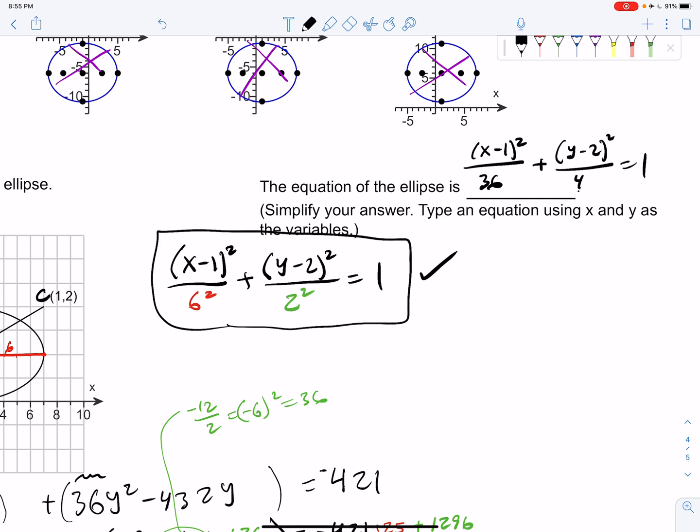And if they do that, you just send me an email and say, hey, can you please look at problem number 15, and this is what happened, and I'll go in and make that adjustment, because both of them are fine, right? This is great because it helps us see how to graph it, and this one you just squared them and made them slightly simpler, but I'm fine with either way.